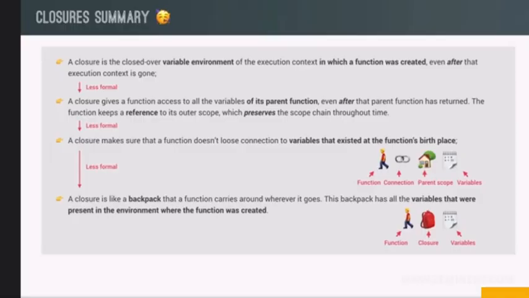Then whenever a variable can't be found in the function scope, JavaScript will look into the backpack and take the missing variable from there. So kind of similar to the other definitions, but maybe a little bit more visual. So there are some different ways of defining closure, but they all mean the same thing. They all represent the same idea.